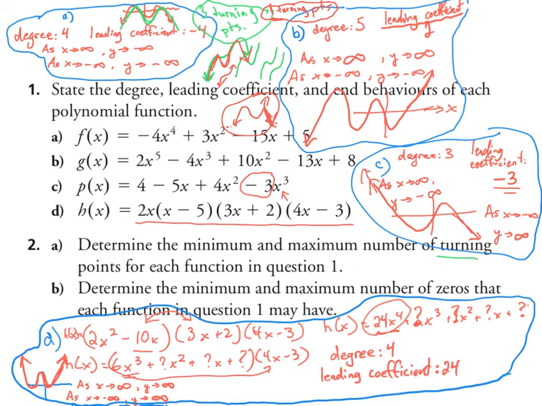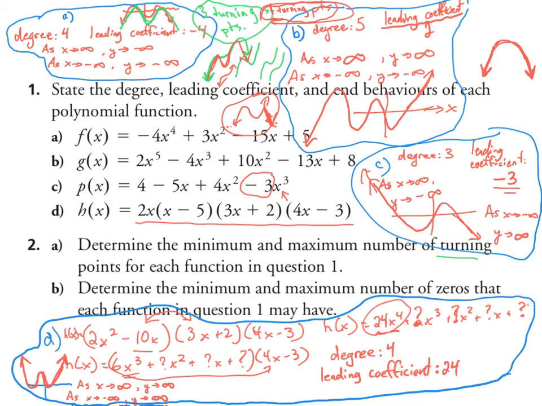But the other thing is, we know that it starts low and it ends low. Well, if it's going upward to start and it has to end downward, at some point it's got to turn at least once. It's impossible to not turn and then end going downward. Right, so you know there's at least 1 turning point.